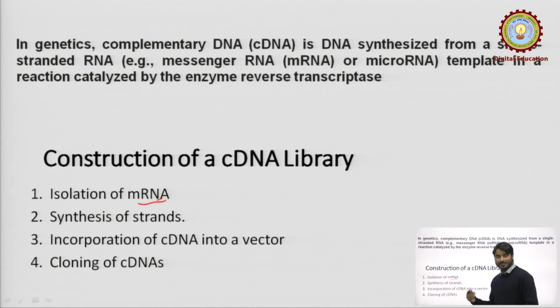In the previous slides we learned that vectors are like vehicles which are used to carry the desired part of DNA into the bacteria or fungi. So after the synthesis of the strand, we will incorporate the DNA into the vector.